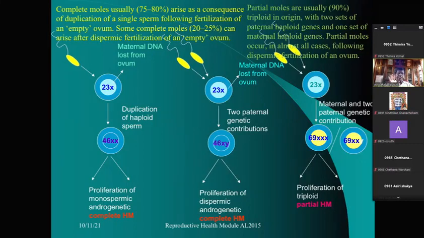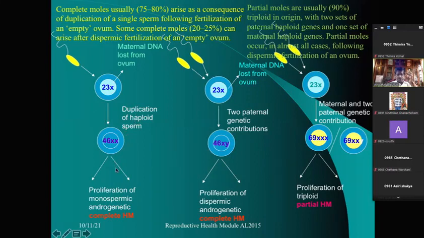Whenever that happens, you have this abnormal placental proliferation. Now, it can happen in many ways. You can have a normal sperm fertilizing an egg, and then you can have duplication of the sperm genetic material, okay, and then start growing.